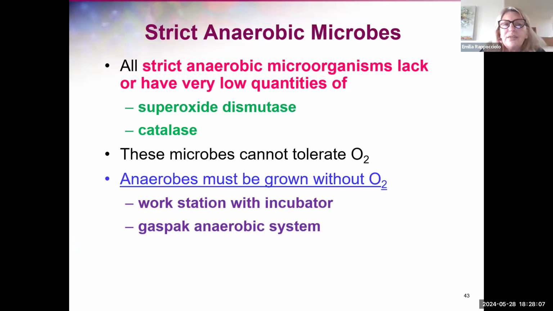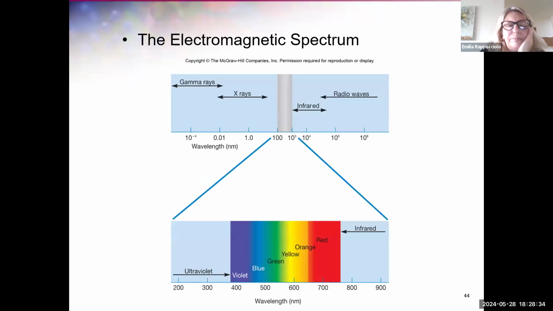Anaerobic microorganisms don't have these enzymes, or have them in very low quantity, and they cannot tolerate oxygen. They're killed by oxygen. If you want to grow these in the laboratory, you need special equipment so that you can make sure that there is no oxygen in the environment.